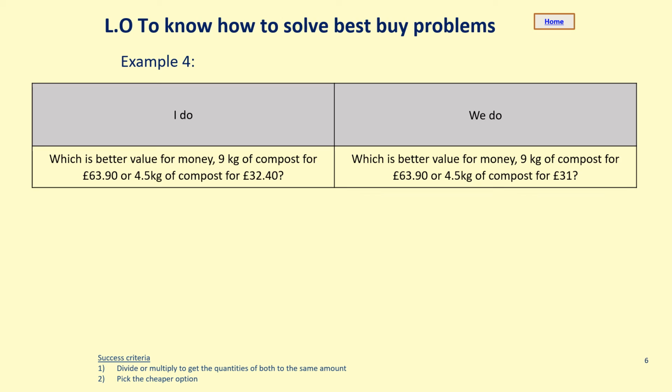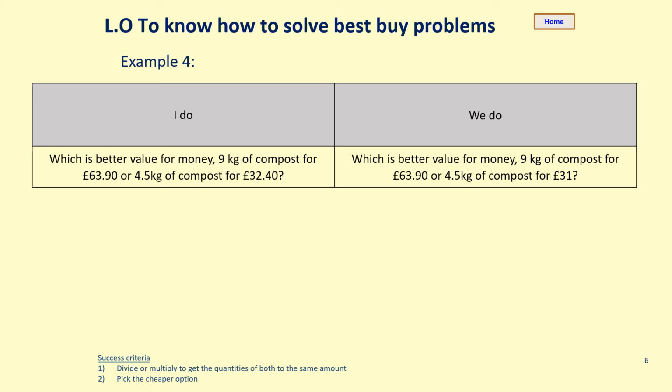Okay, let's have a look at another example, and this one is going to be a little bit different. So we've got 9 kg of compost for £63.90, and we've got 4.5 kilos of compost for £32.40.